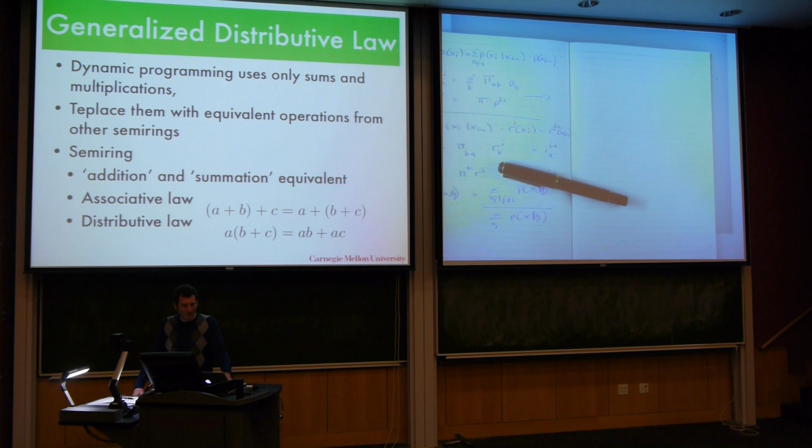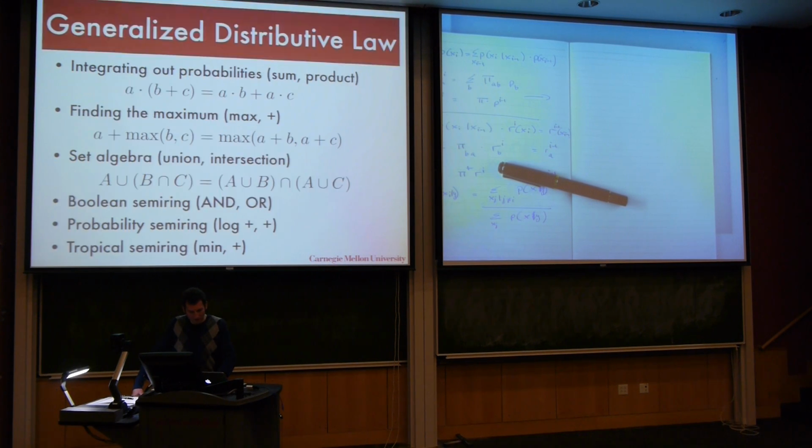So in other words, A times (B plus C) is AB plus AC, and on top of that, A plus (B plus C) is (A plus B) plus C. And this holds for, of course, multiplication, but it also holds for all those things. It holds for max and plus, and it holds for set union and intersection. It holds for ands and ors, it holds for log plus and plus, and it holds for min and plus.